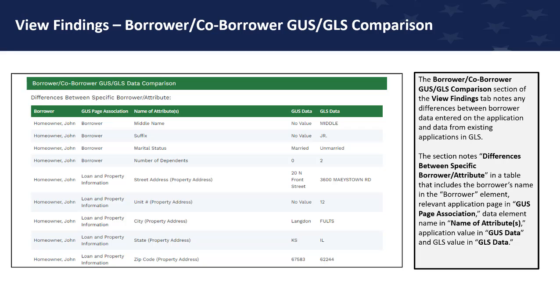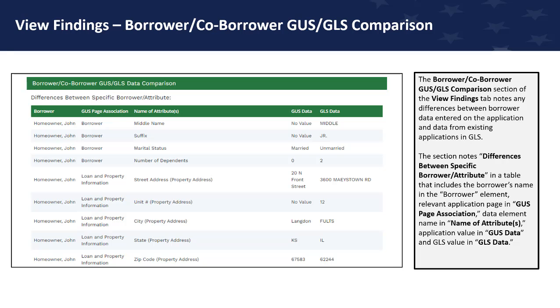Unit number, city, state, and zip code, property address for the subject property of the loan. Have you ever declared bankruptcy within the last 7 years? Bankruptcy explanation if the borrower has previously declared bankruptcy. Gender, race, and ethnicity information from the demographic information page.